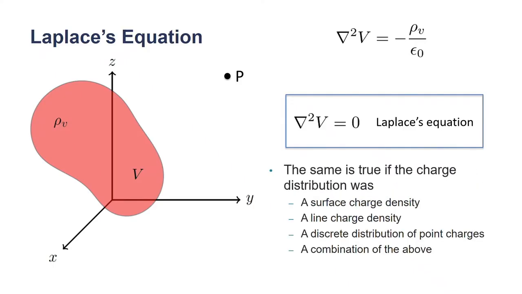The same is true in turning Poisson's equation into Laplace's equation if we had a surface charge density, a line charge density, or even a discrete distribution of point charges, so long as our observation point is not coincident with the charge density itself or the point charges. We can turn the problem into solving Laplace's equation.